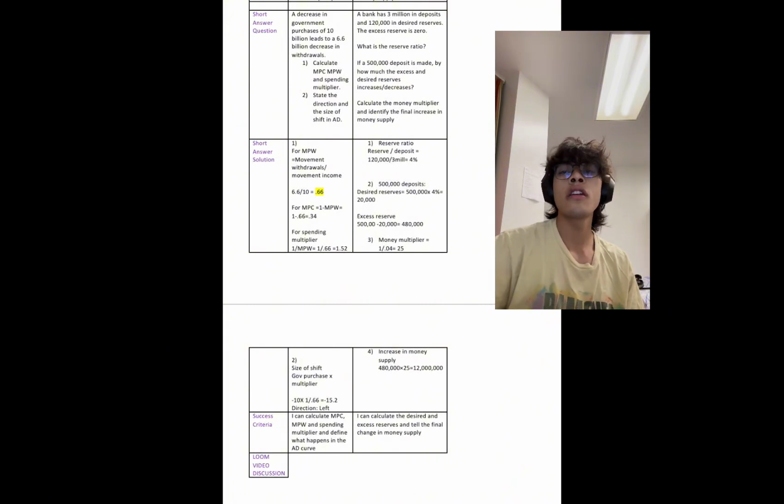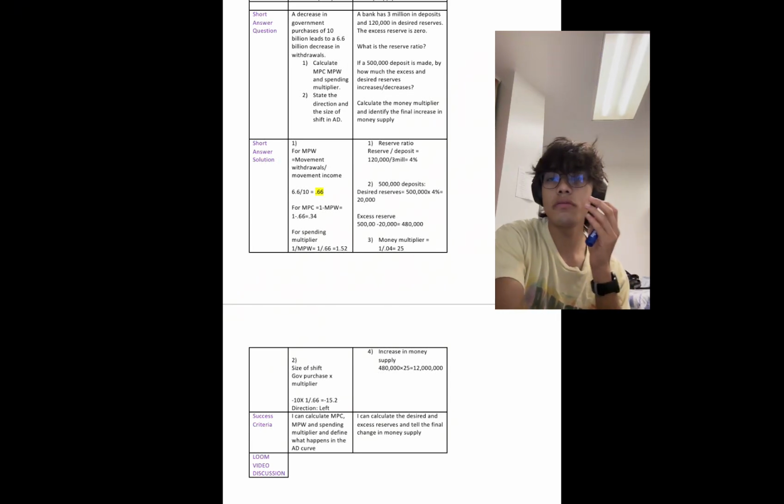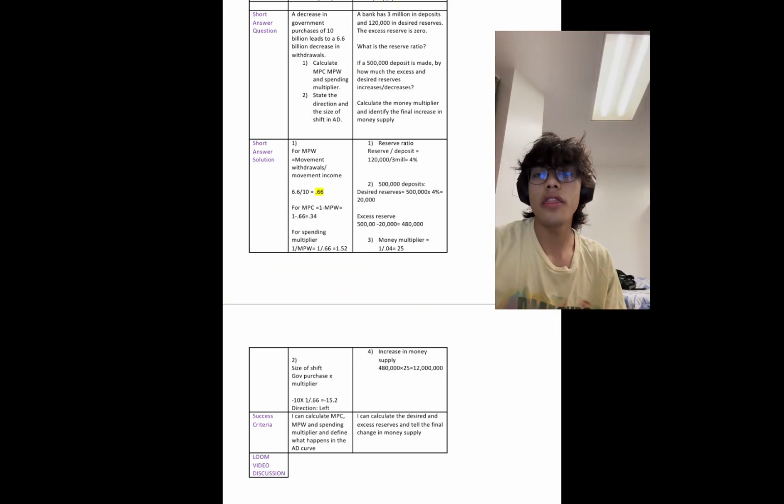After that, you need to know how to calculate the money multiplier and the increase in money supply. It meets the criteria because you need to know how to calculate the desired and excess reserves, up to the final change in the money supply.